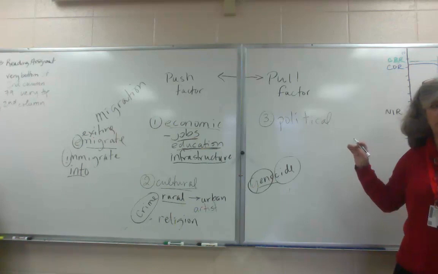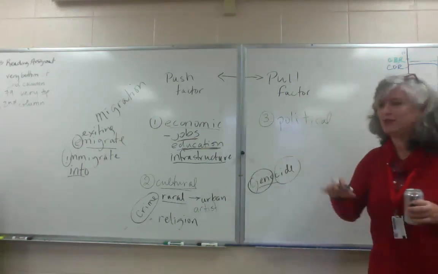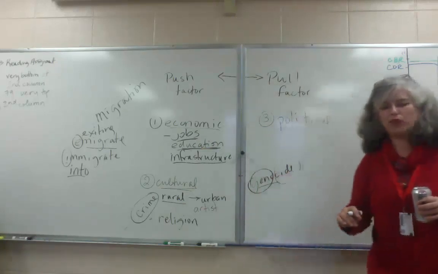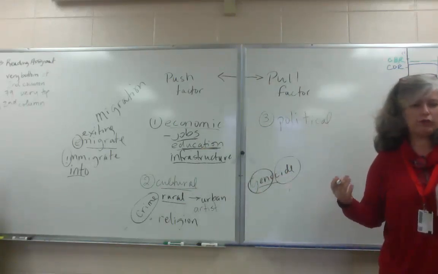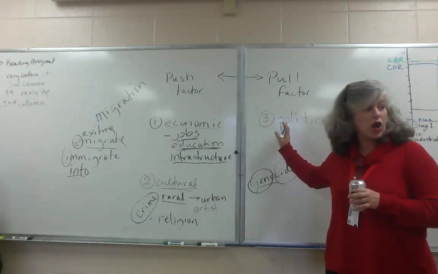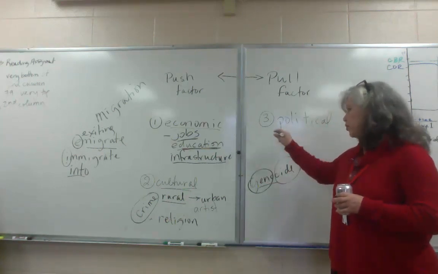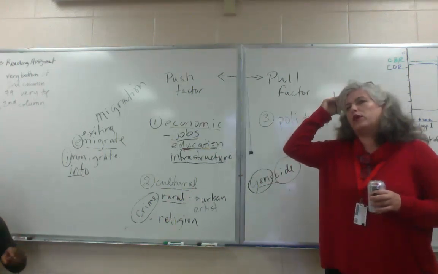That's a political push or pull factor. You've heard the term refugee before. Usually a refugee is somebody who's fleeing from cultural or political strife. Maybe there is a dictator or some kind of person who is bringing the government down with so much control.